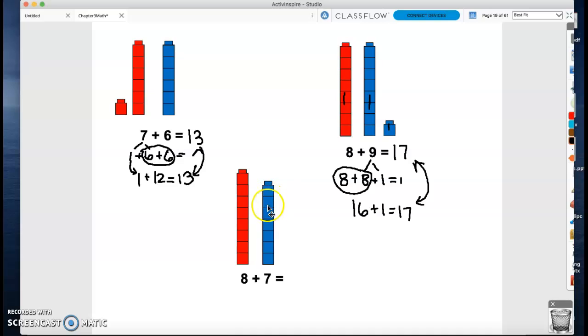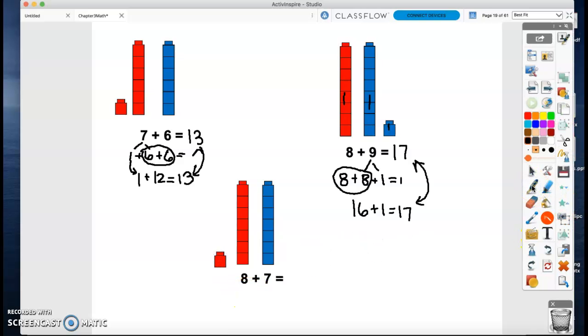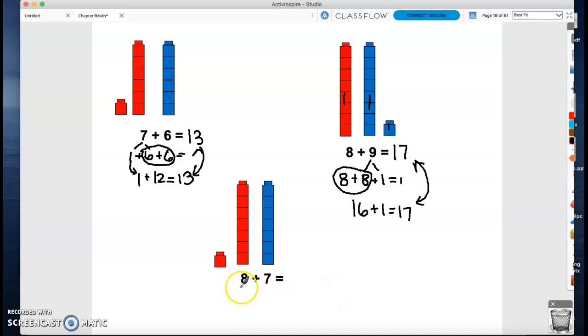So once again, I want to make this one into a 7 to have a doubles fact. So I'm going to take one off, and the 8 is really 1 and 7.